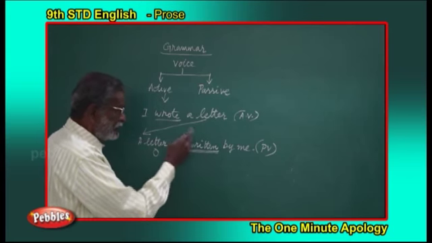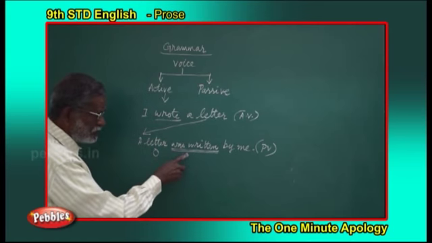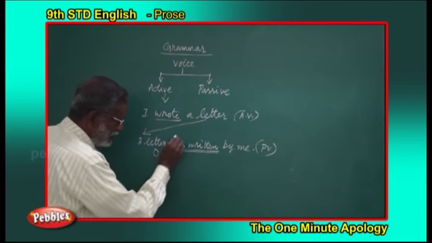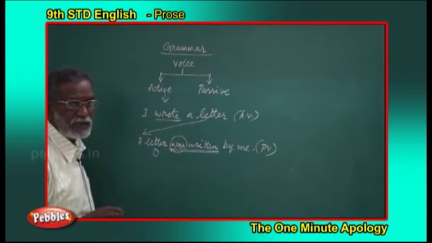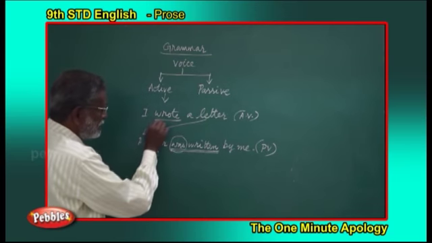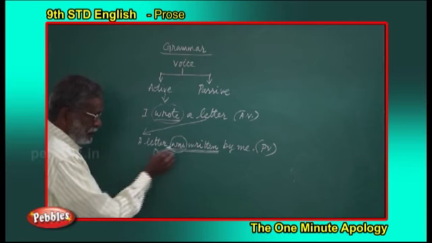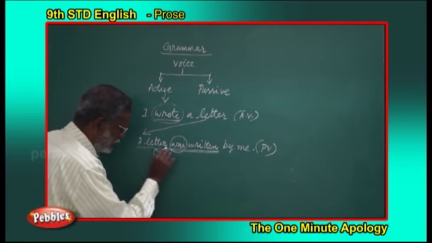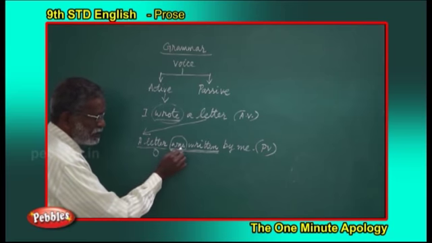But how are we going to show the tense in that sentence? So only the helping verb, the auxiliary verb, shows the tense of the sentence. Since it is past tense, was is used. A letter, and the subject is singular, so we are using was.